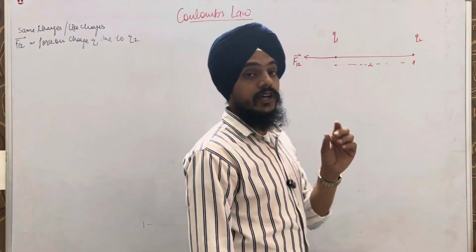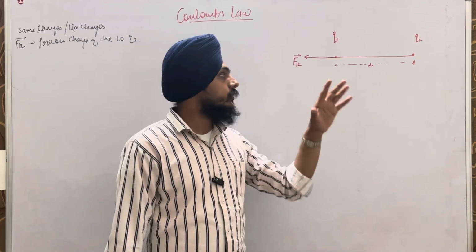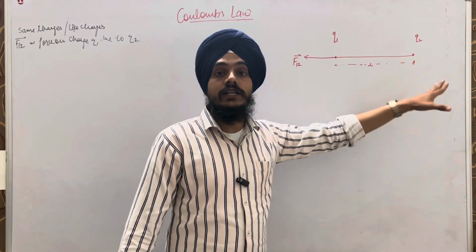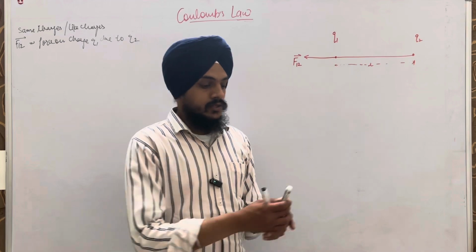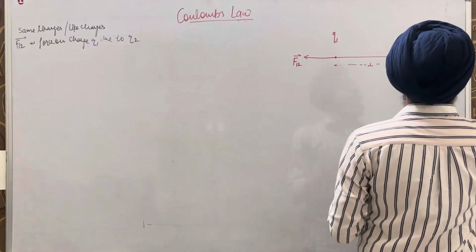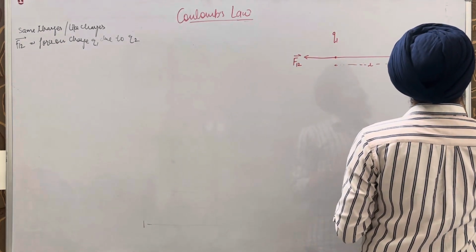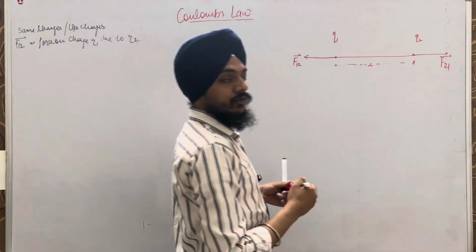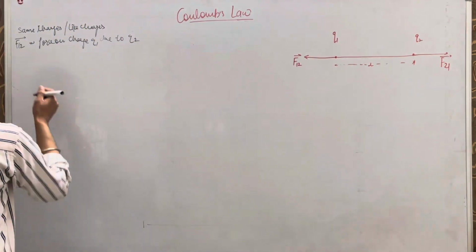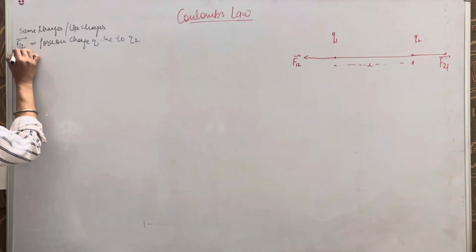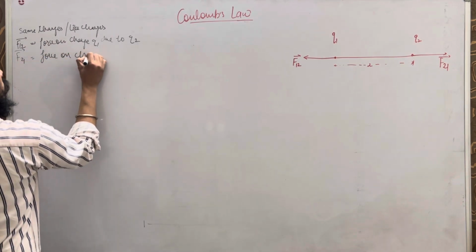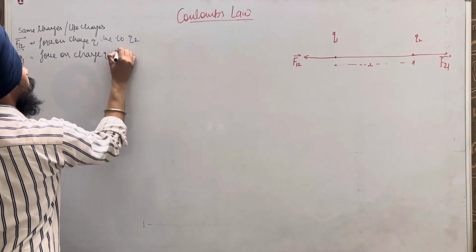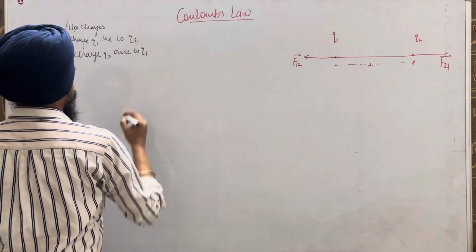And because of the Q1 charge, the Q2 charge also gets repelled by this charge. So on the second charge also a force acts, force F21. F21 is the force on charge Q2 due to Q1.